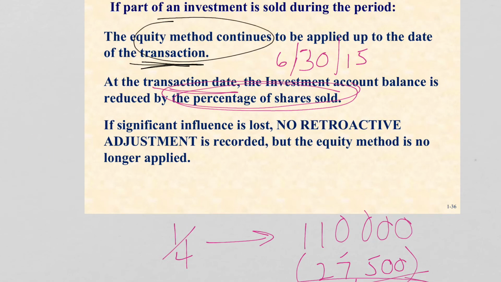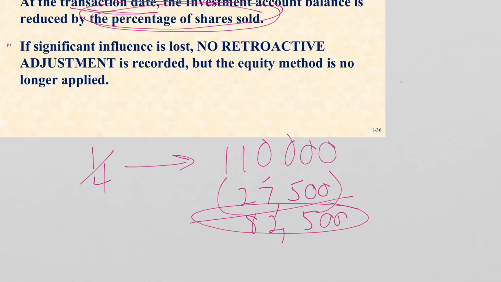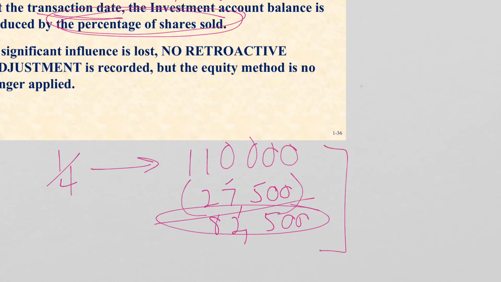If significant influence is not lost, there's no retroactive adjustment. If significant influence continues, then you just continue with the equity method from this point forward, but with the reduced number of shares.